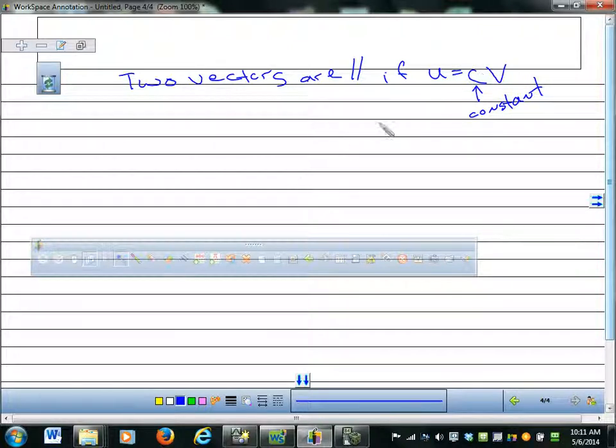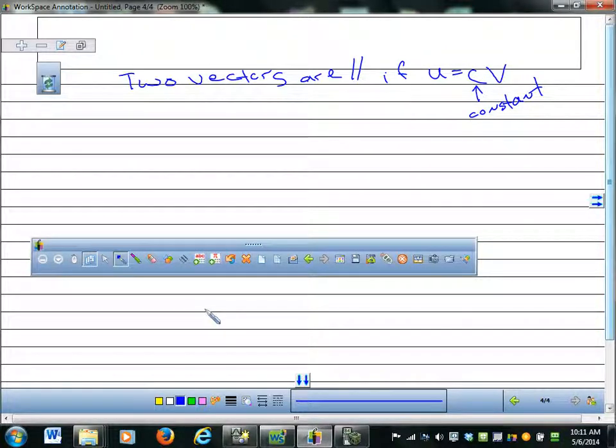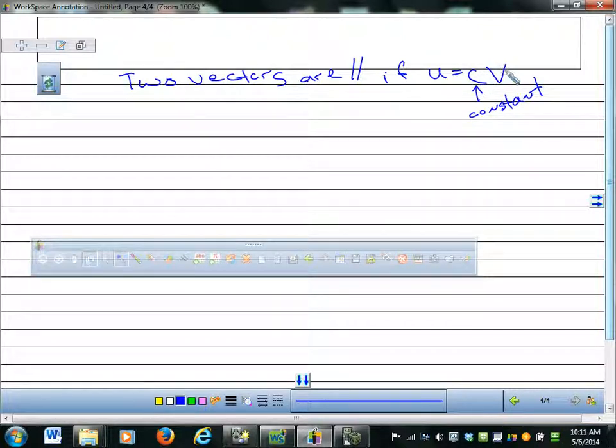You don't really know if they're parallel in space, and I don't think you could use the formula that cosine of theta equals 0. But what you can use is, if you multiply one vector by a constant and you get the other vector, that's how you could tell if they're parallel.